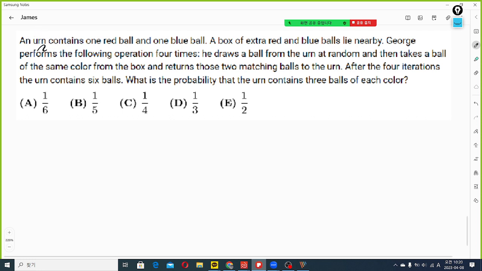So the urn contains one red and one blue. So if we pick red balls, we will include one more red ball.